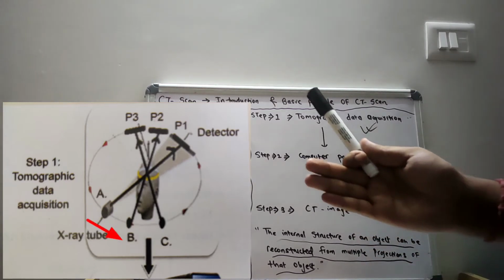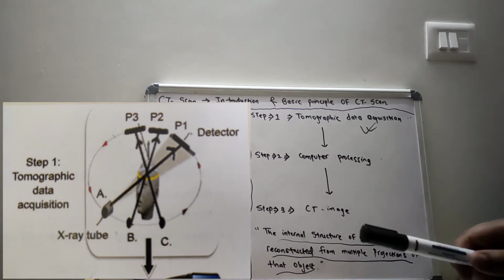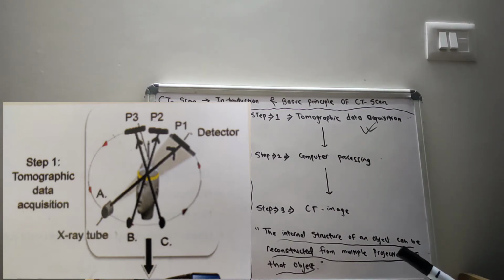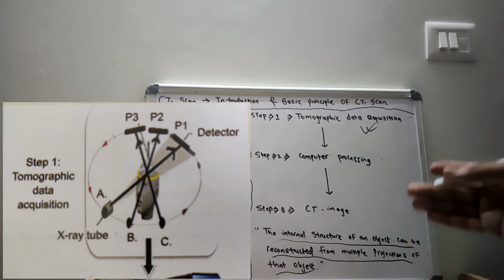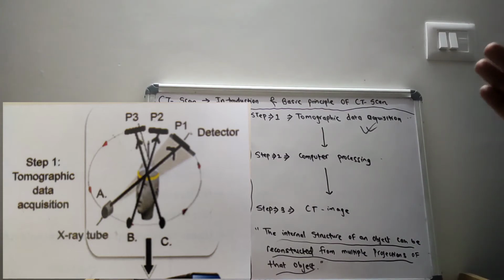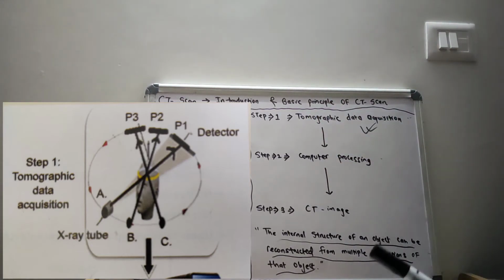Now the tube is moved to point B along the circumference of the circle around the patient. The detector is also moved to the diametrically opposite position. You can see in this picture that after the beam is sent from position A, it is moved to position B, and the detector is moved from P1 to P2 subsequently.